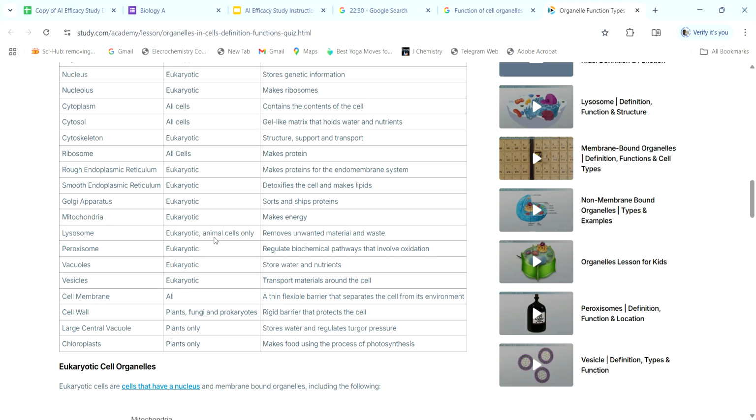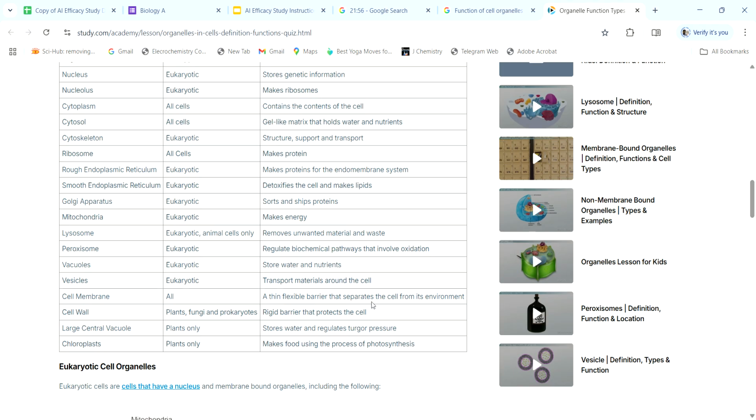Lysosome remains in the eukaryotic cell, animal cells only, and removes unwanted material and waste. Peroxisome remains in the eukaryotic cell and regulates biochemical pathways that involve oxidation. Vacuoles remain in the eukaryotic cell and store water and nutrients. Vesicles in the eukaryotic cell transport materials around the cell. Cell membrane remains in all cells, a thin flexible barrier that separates the cell from its environment.